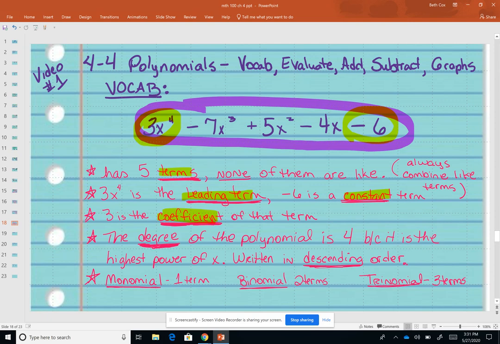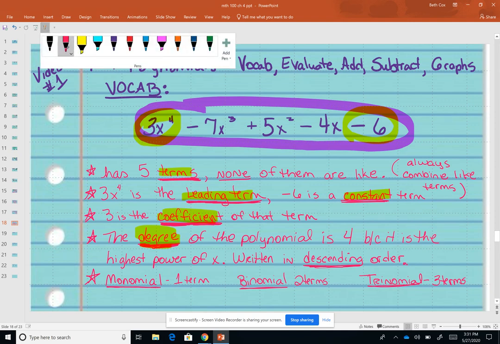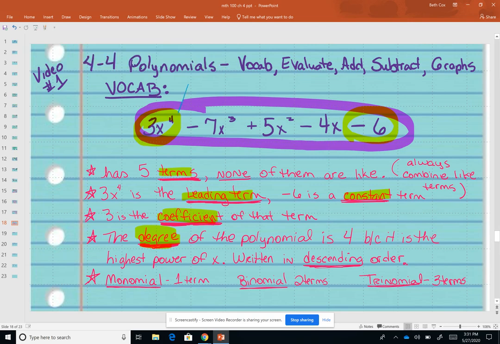So the coefficient is the number multiplying the variable. Now the degree of the term is 4, because it is the highest power of x. That's going to give you the degree right there.